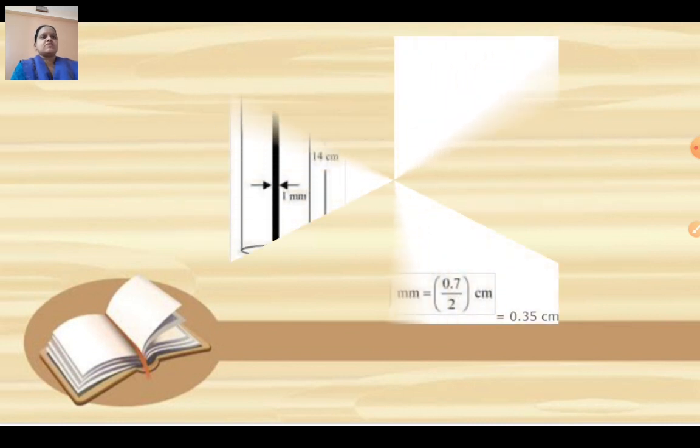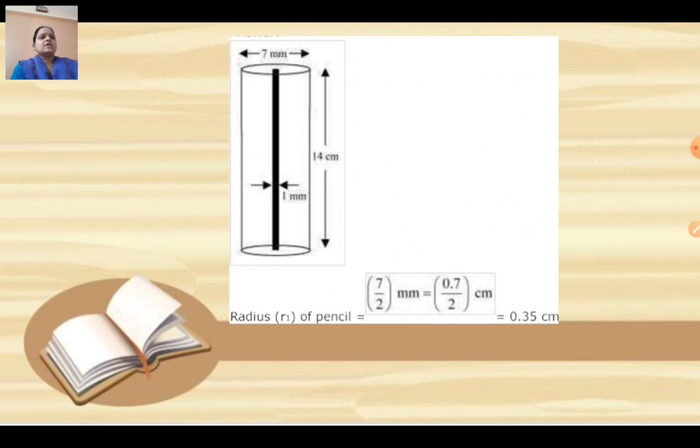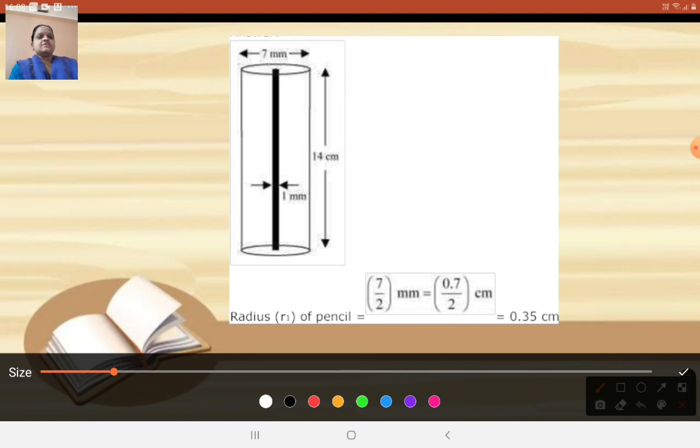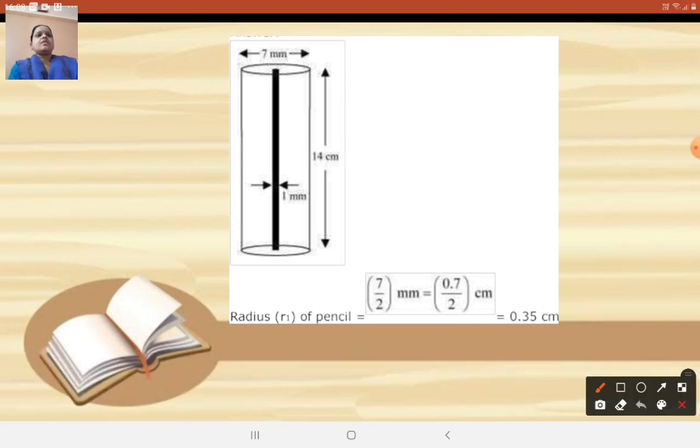Understand the sum first of all. Okay, so now you can see here how the pencil will be. They have given the shape over here. Now you can see here the 7 millimeter is given as a diameter. The whole is given as 7 millimeter, that means including graphite, and the 1 millimeter diameter is given of graphite.